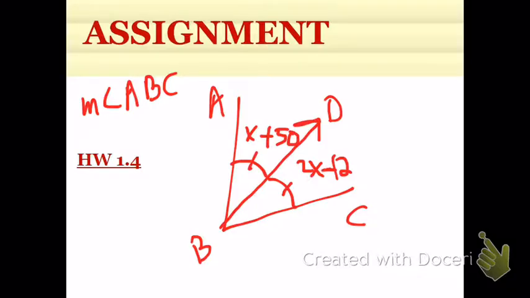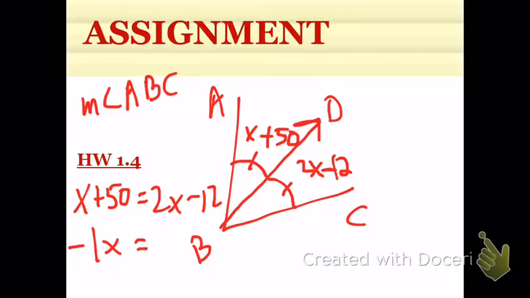Okay, how would I do it, Max? You set them equal to each other? Right. If it's a bisect, then in this case, you do set them equal to each other. If you know the total of the angle, you add them, but we just know that they're equal to each other because that's a bisector. So I would take x plus 50, and I would set it equal to 2x minus 12, solve for x, so that would be negative 1x equals negative 62, so x equals 62, right?